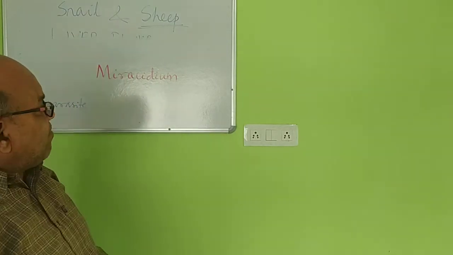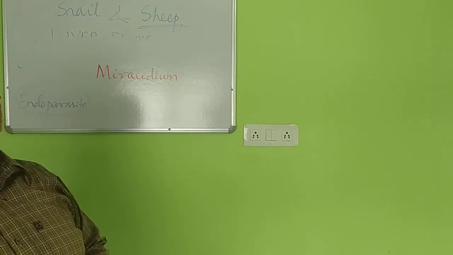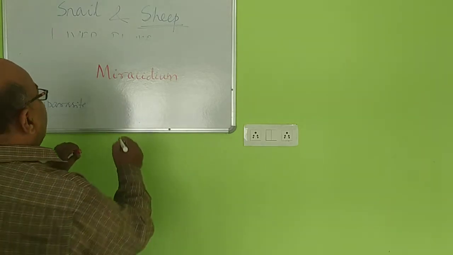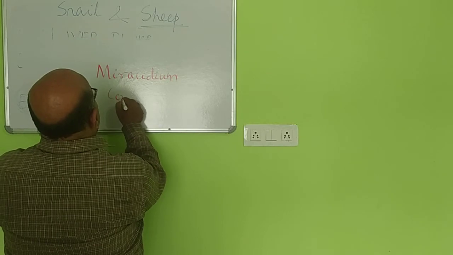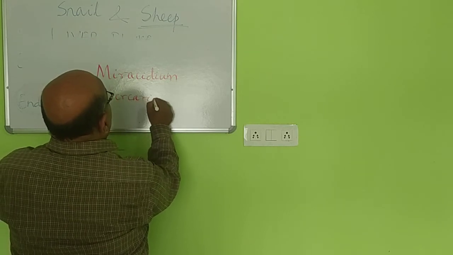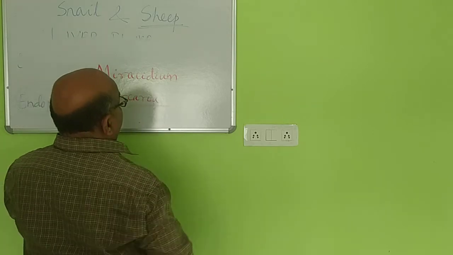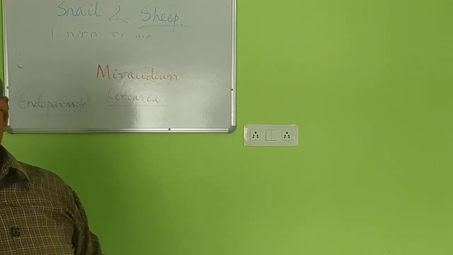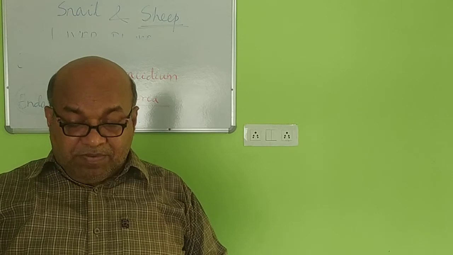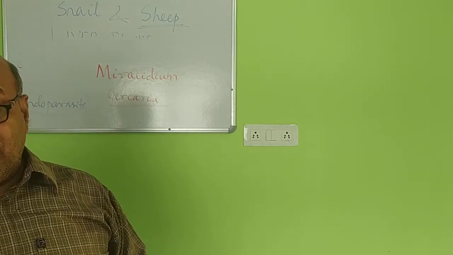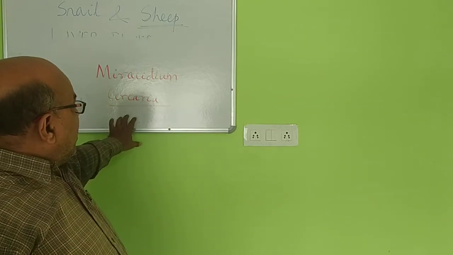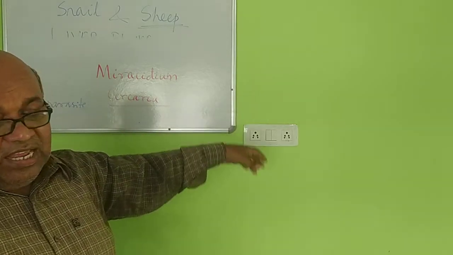You find another larva called the Cercaria, in which you find a tail. Cercaria larvae generally possess tails at the distal part of the body. Cercaria has a locomotory tail, and the Miracidium larva possesses cilia as its locomotory organs.